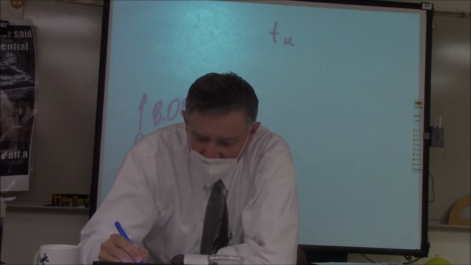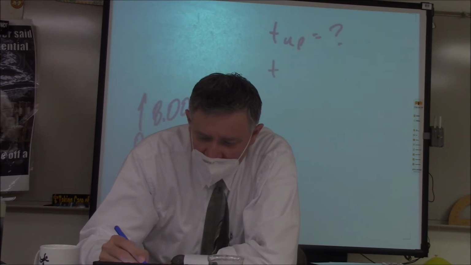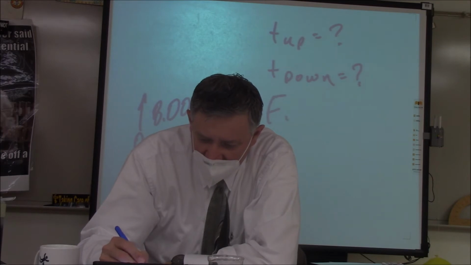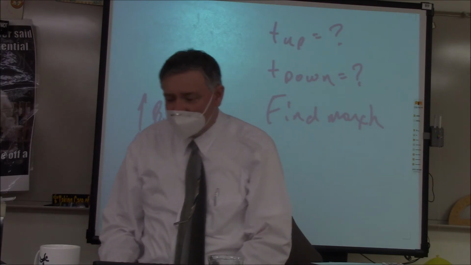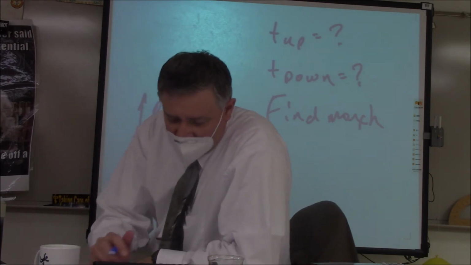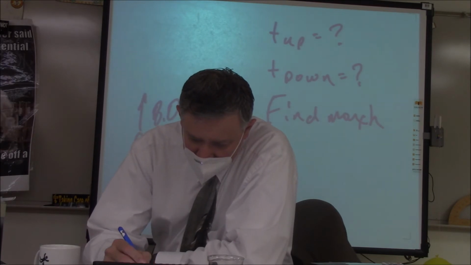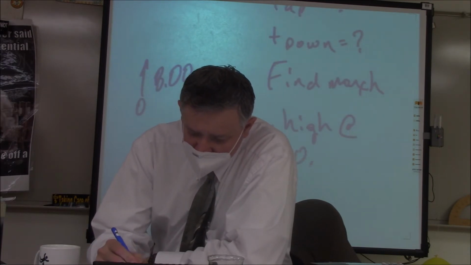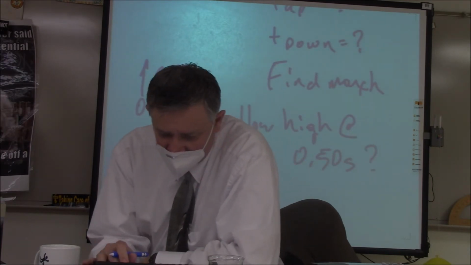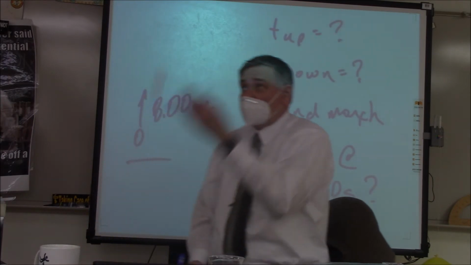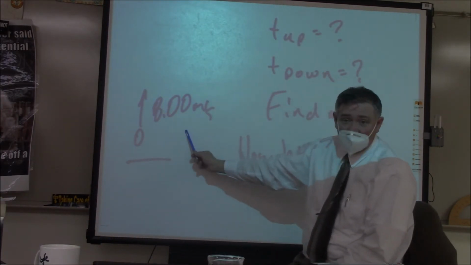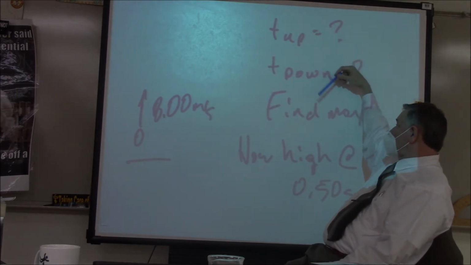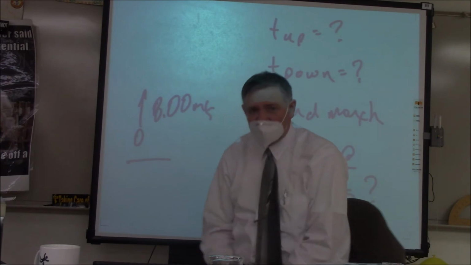I want to find the time up, the time down, my maximum height, and then how high it is at a half a second. So, we're going to toss this ball up in the air with an 8 meter per second velocity. I want to find the time up, the time down, my maximum height, and how high it is at a half a second of the flight.